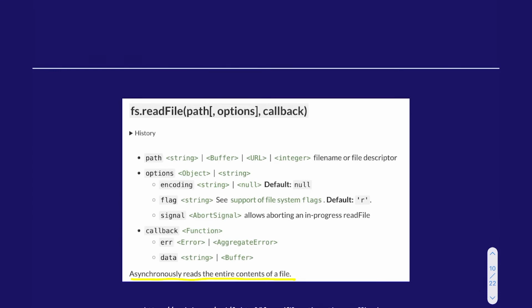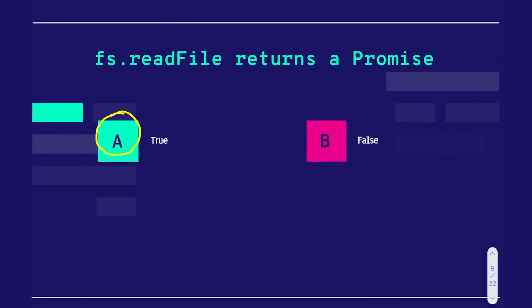Asynchronously means it could fail, it could succeed, and so what fs.readFile does is it gives you a promise back and it says, I promise I'll give you a response, but it might happen in the future, it might be a failure, it might be a success. So yes, the correct answer here is true. It does return a promise.